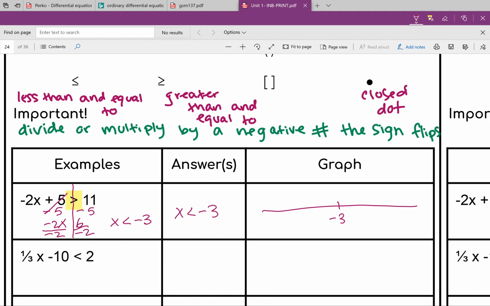So all the numbers less than negative 3 would be this way. Because this is negative 4, and this way would be negative 2. These are less than. Okay, and since we do not have an equal sign, this is going to be an open dot.